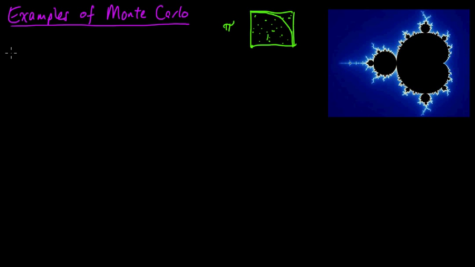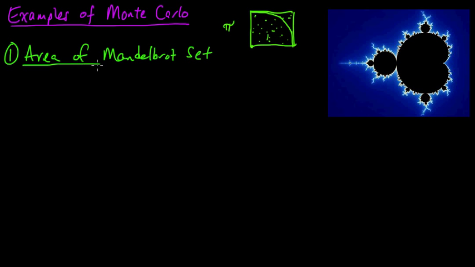So for our first example, let's think about the area of the Mandelbrot set, named after Benoit Mandelbrot. Now a technical point which arises here is the question of whether the Mandelbrot set has an area. In other words, is it a measurable set?